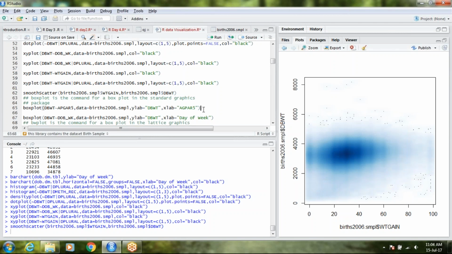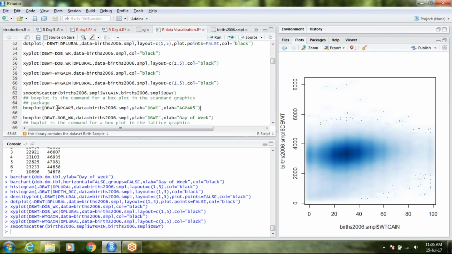So let's work with box plot. Box plot is mainly used to see the range of the variable that we have.